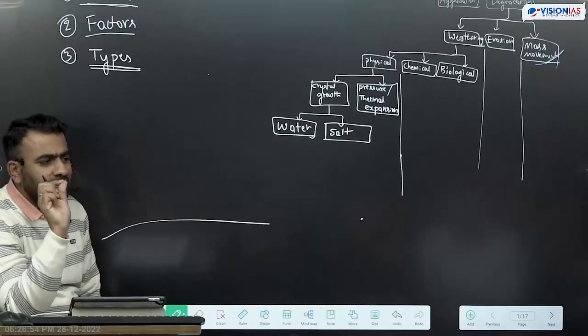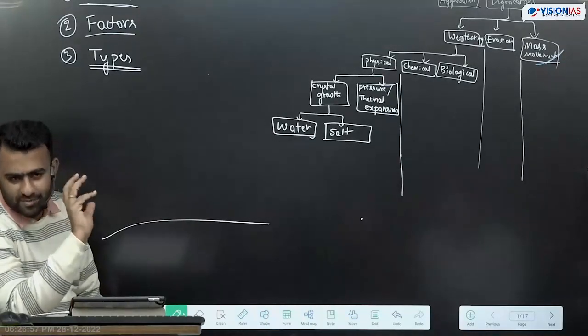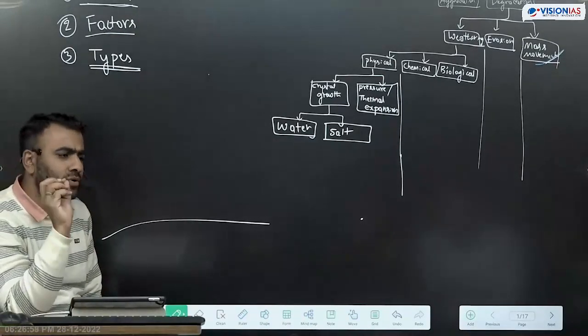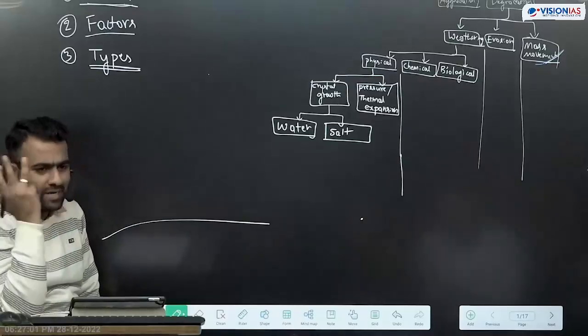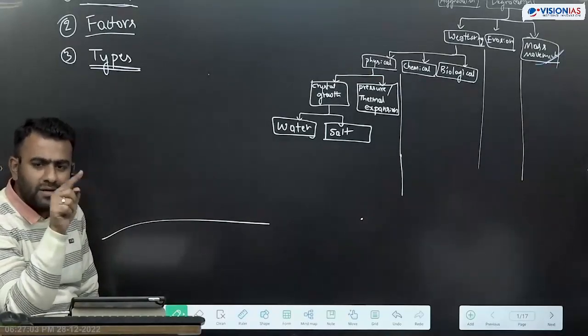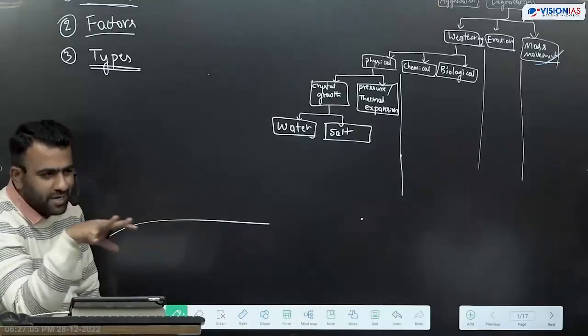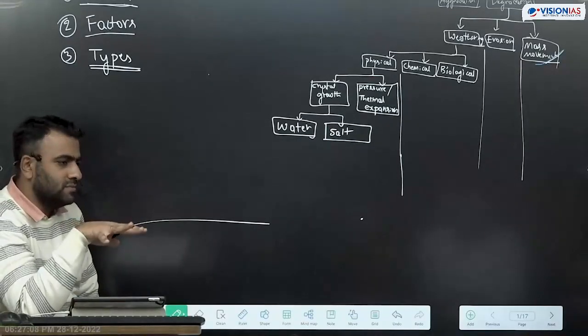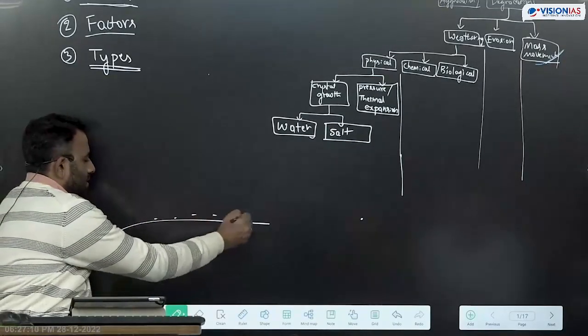A desert is a region which receives less than 25 centimeters of precipitation. Whatever little water comes will get evaporated. But when it gets evaporated, it will leave the salt behind. So usually the desert is rich in salt content. The upper part is full of salt.